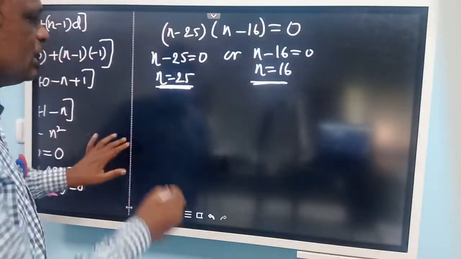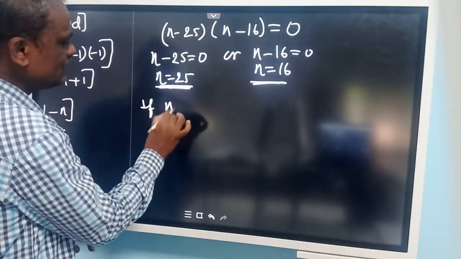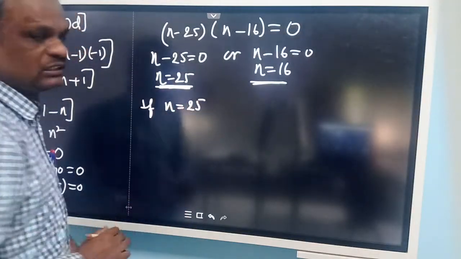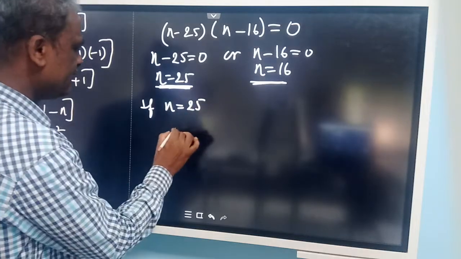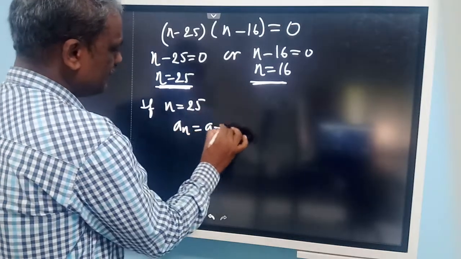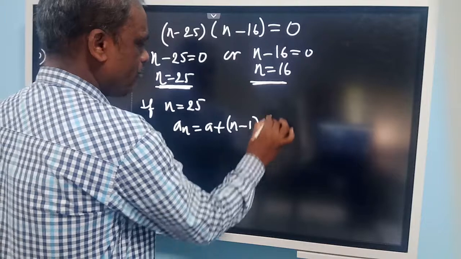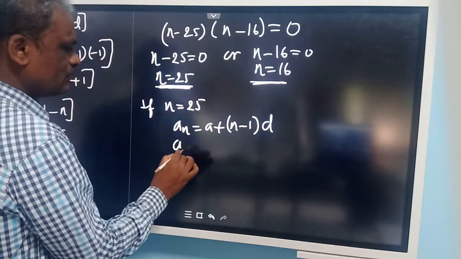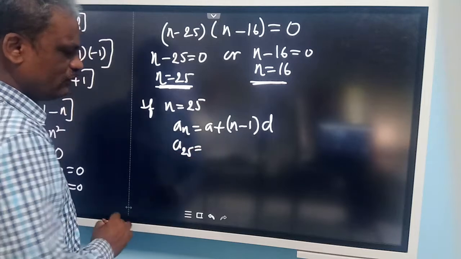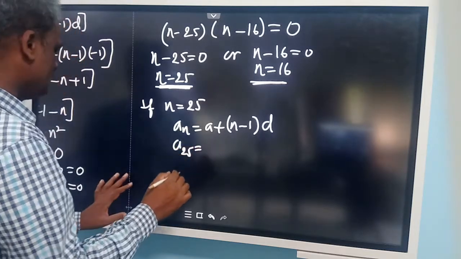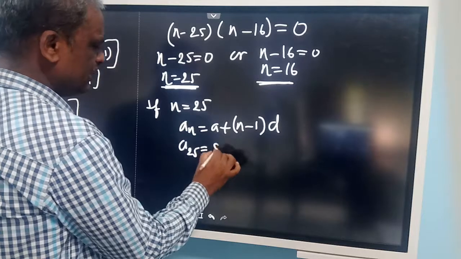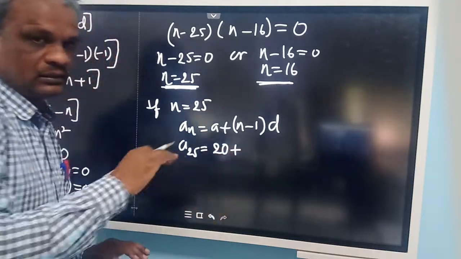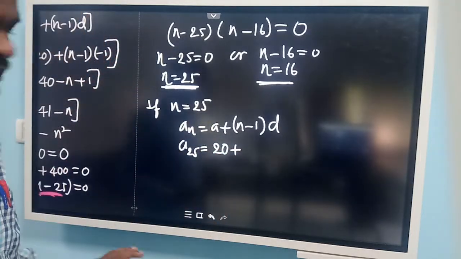If n is equal to 25, then an is equal to a plus n minus 1 into d. So here, let us substitute. n is 25, a is the first term, what is the first term here? 20, the number of wooden blocks in the bottom row.